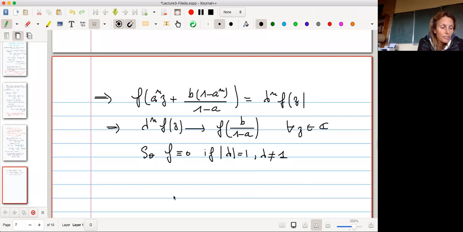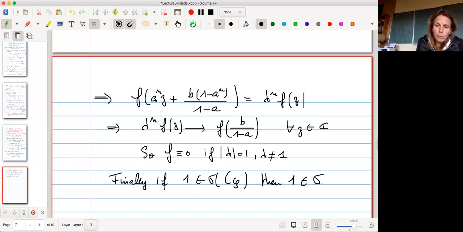So finally, if 1 is in the spectrum of C phi, then 1 is in the point spectrum of C phi, since C phi is compact.